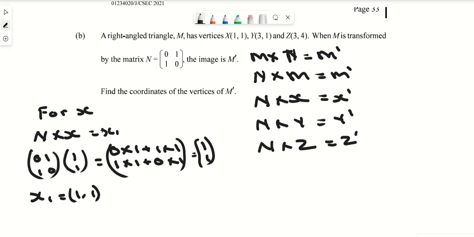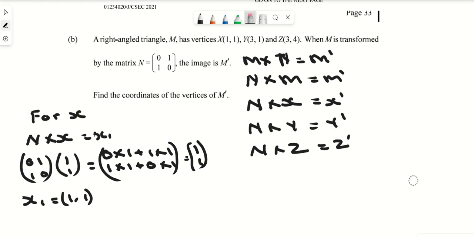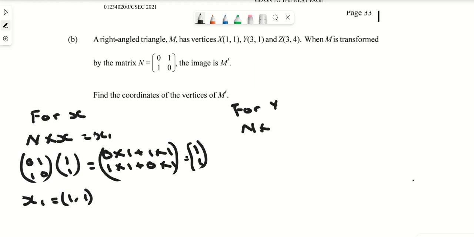Right? And then we do the same thing. I'm going to just erase this. This is for Y. It will be N multiplied by Y to give you Y1. So that's 0, 1, 1, 0, and Y is 3, 1.